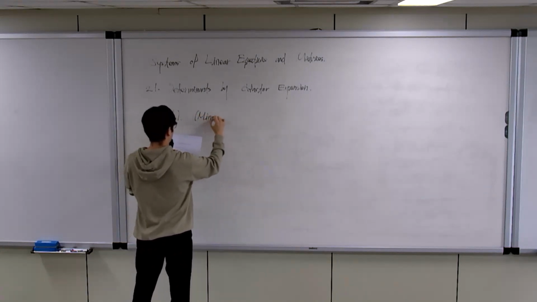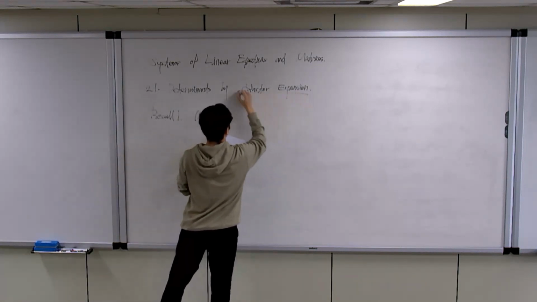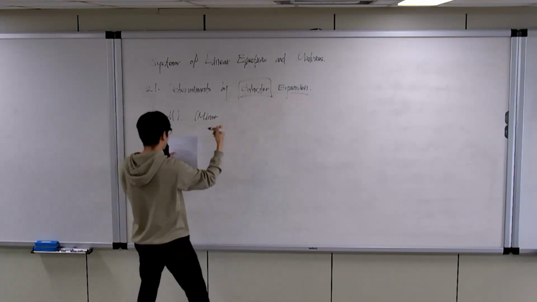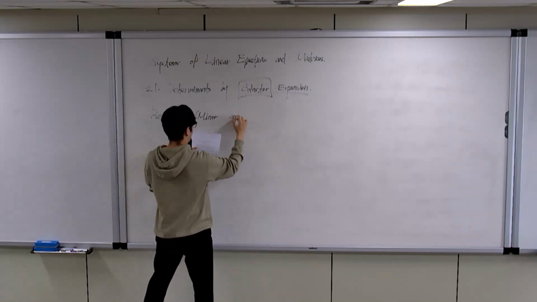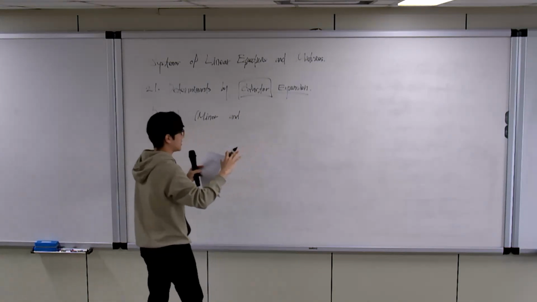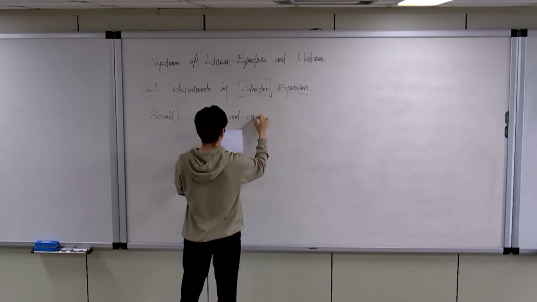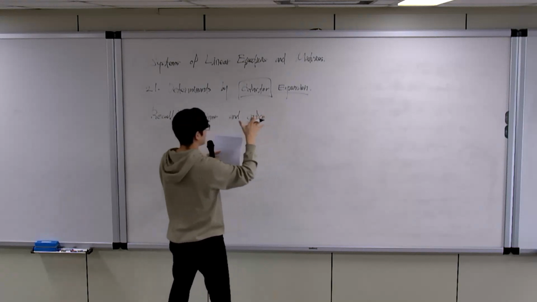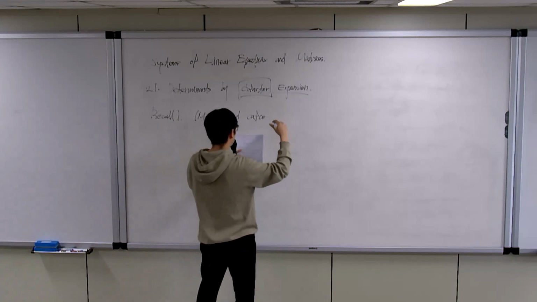So, to understand this, we define what is cofactor, and cofactor was alternated minor, and the minor was the determinant of a lower submatrix.